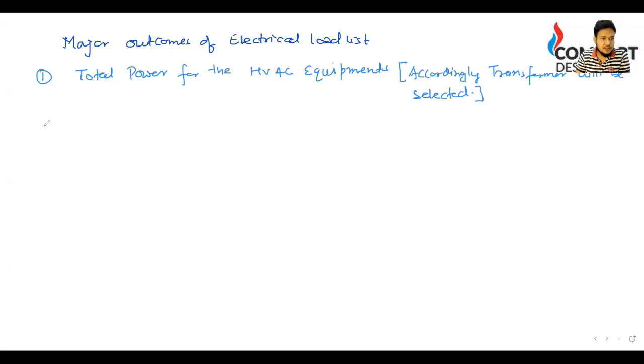The second thing is the total current required to run the system, to run the equipments.